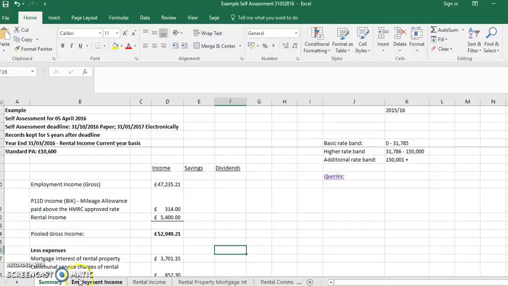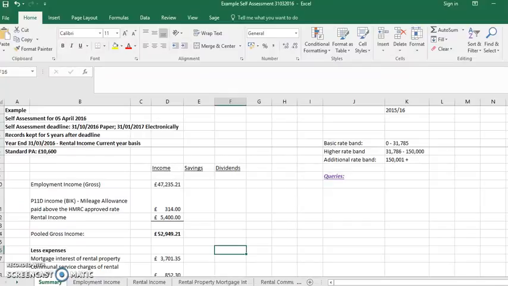So you'll see here going across, there are different tabs for employment income and rental property expenses. You'll note that there is employment income, which has been verified by the P60 issued by this particular client's employer. Within the data pack that this client provided, there was a P11D, which suggested there was a benefit in kind of mileage allowance that was paid above the HMRC approved rate.